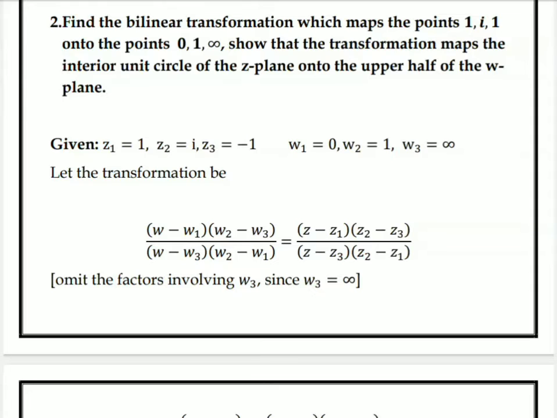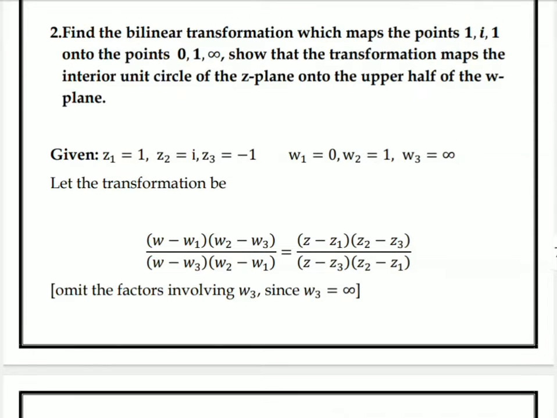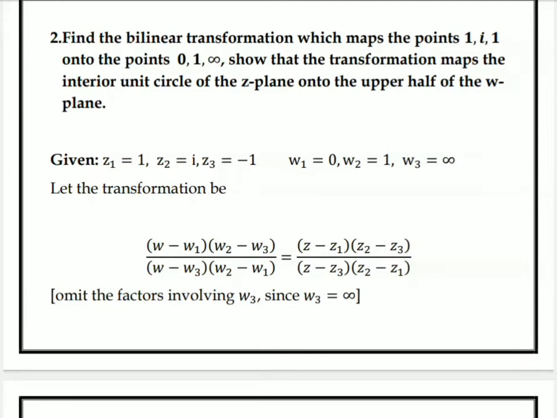Let the transformation be (w - w1)(w2 - w3) divided by (w - w3)(w2 - w1) equals (z - z1)(z2 - z3) divided by (z - z3)(z2 - z1).